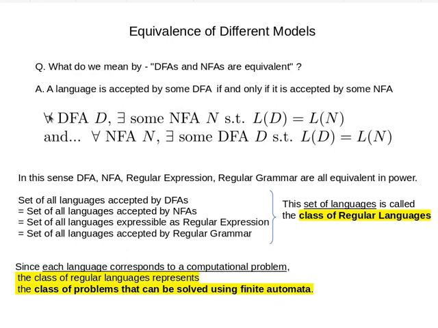So in terms of language, that statement translates into: for all DFA D, there exists some NFA N such that the language accepted by D is the language accepted by N. So that means if we can accept a language using some deterministic finite automaton D, then we can also construct a non-deterministic finite automaton which accepts the same language.